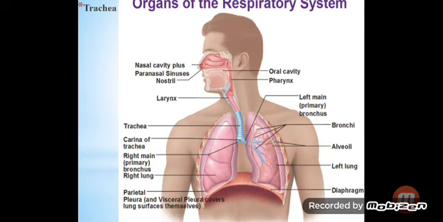The length of the trachea is 11.25 centimeters, of course for adults, not children, and it is about 2.5 centimeters in diameter. So for ease of memorization, let's say 1 inch in diameter.